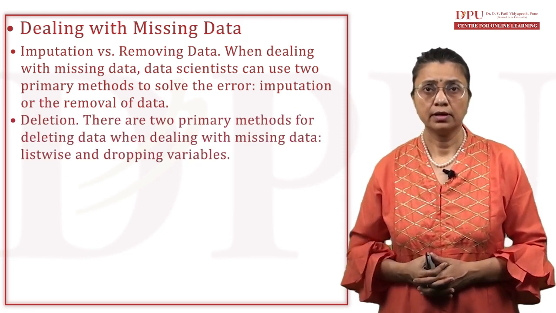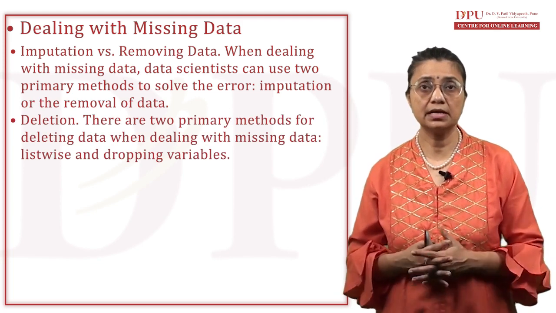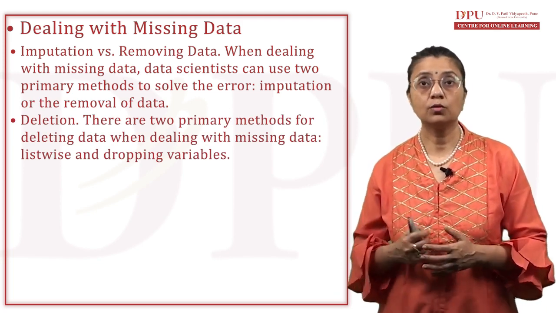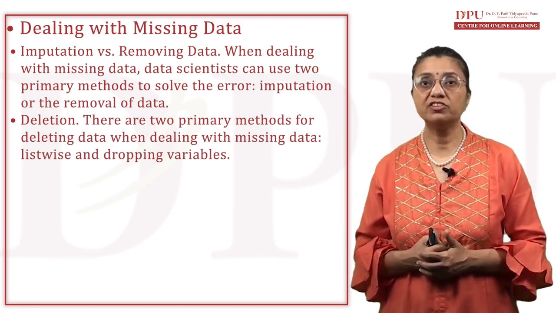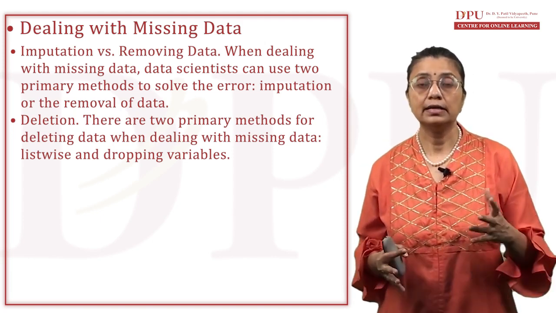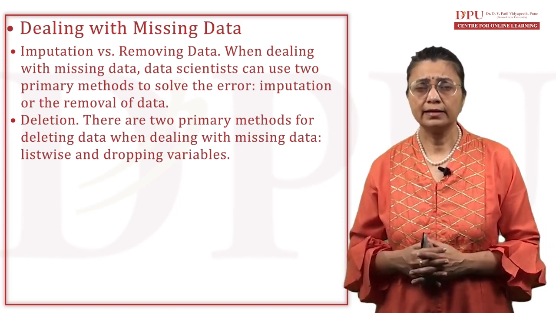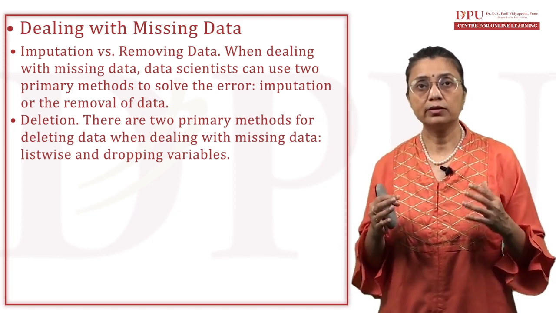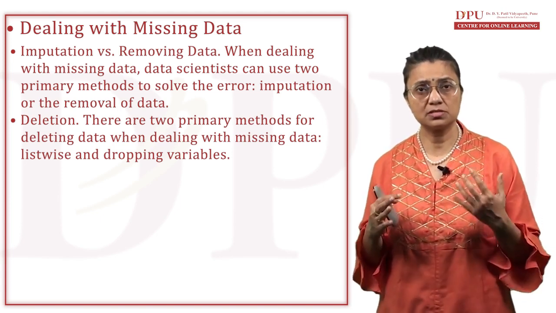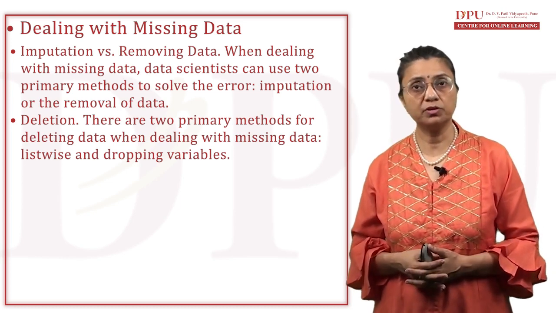Next is deletion. There are two primary methods for deleting data when dealing with missing data: listwise and dropping variables. So basically, when we are deleting the data, either we can go for listwise, where we delete the data on the basis of some criteria or certain conditions, or sometimes we can drop the variables.